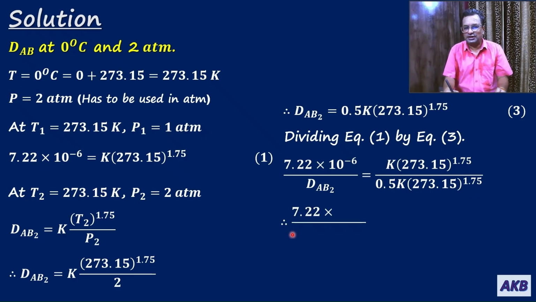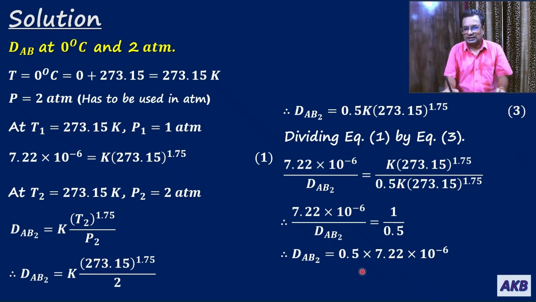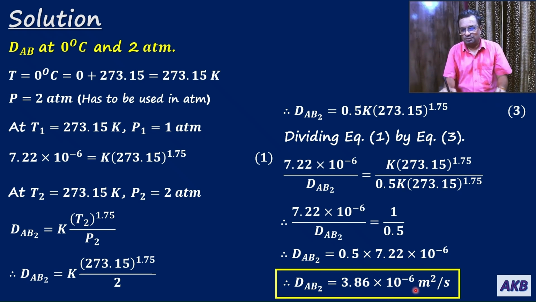So we will be left with 7.22 into 10 to the power minus 6 divided by dAB2 equal to 1 upon 0.5. Rest everything will get cancelled. That is, dAB2 will be equal to 0.5 into 7.22 into 10 to the power minus 6, that is 3.86 into 10 to the power minus 6 meters square per second.